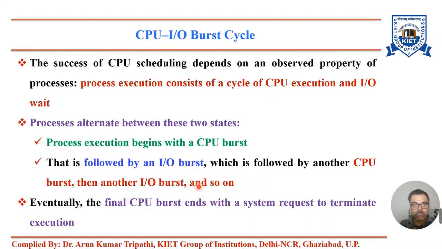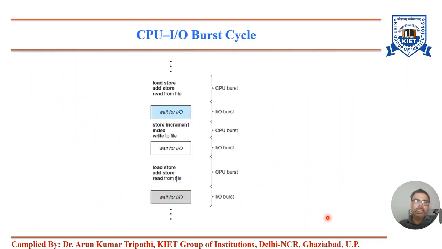So this is not a good sign because the throughput will decrease. So we can say there should be a good combination of CPU burst and IO burst among the processes. Finally, the CPU burst ends the process with a system request to terminate the execution.